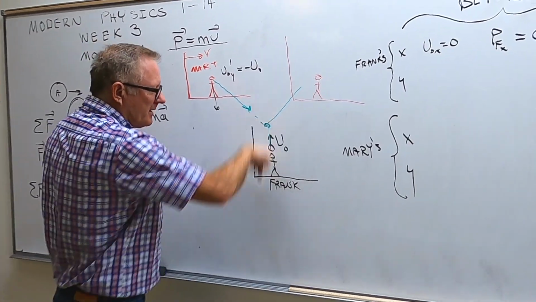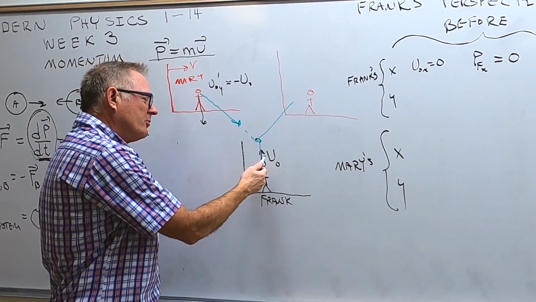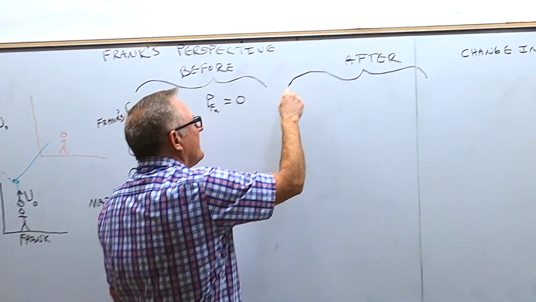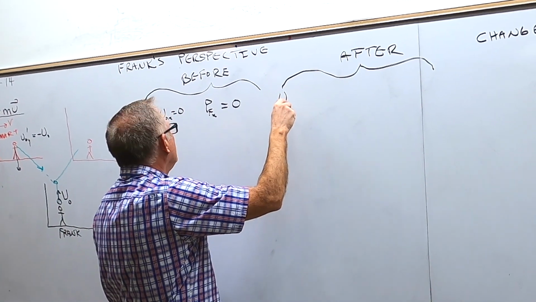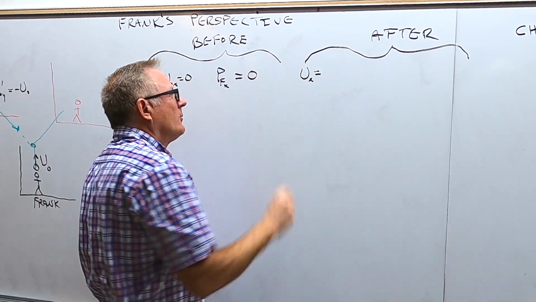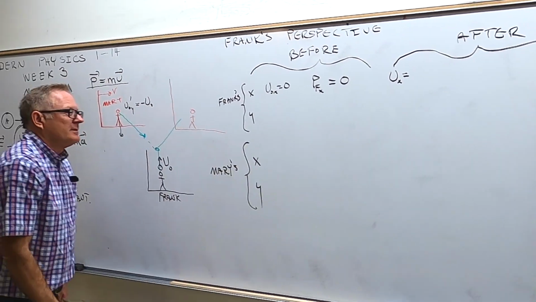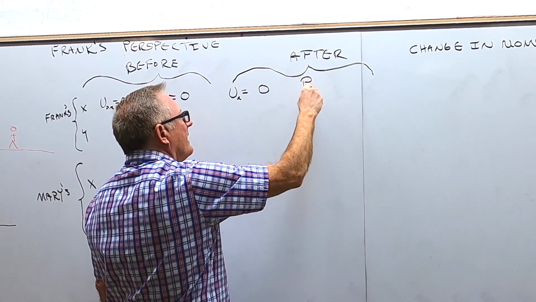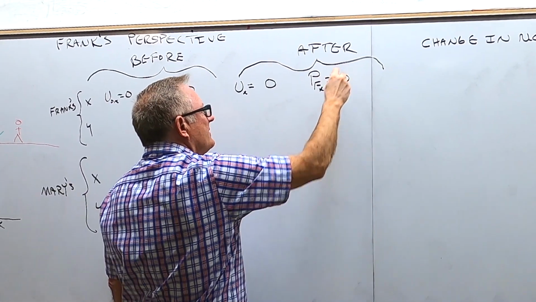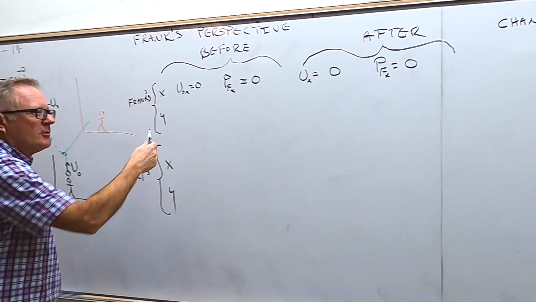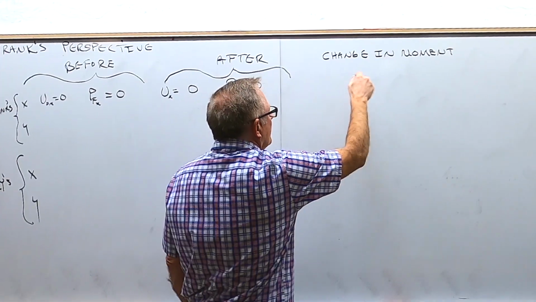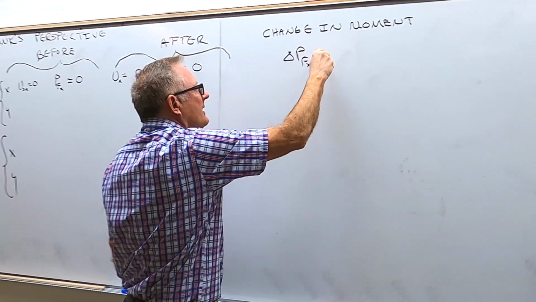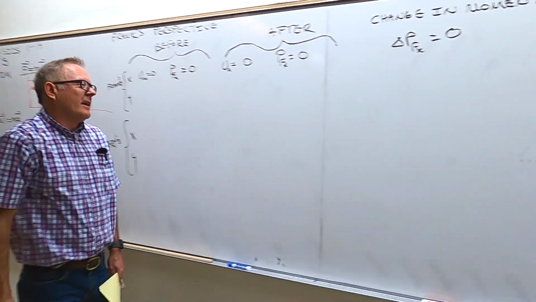So he just sees it go up and come straight back down. So the x motion afterwards is also 0. So ux afterwards is equal to 0, and p Frank x afterwards is also equal to 0. So the change in momentum is 0, which is good. Change in momentum of Frank in the x is equal to 0.